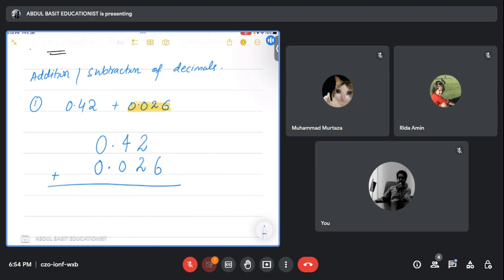There is no number above 6, so I'll add an extra 0 here. Now before adding, write the decimal at its own place. Now you know this already, that 0 plus 6 is 6, 2 plus 2 is 4, 4 plus 0 is 4, and 0 plus 0 is already 0. So this is your final answer.